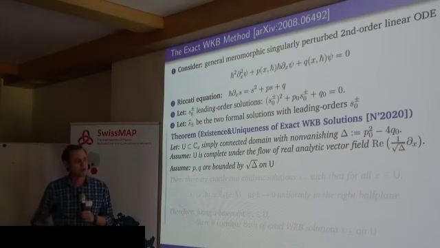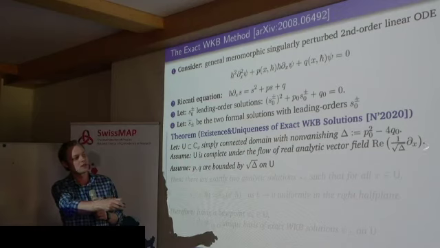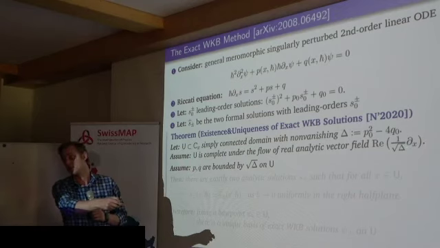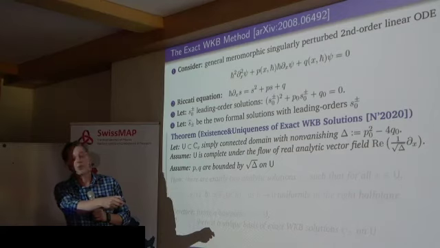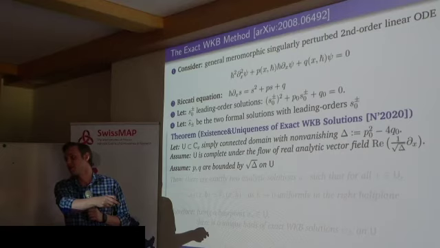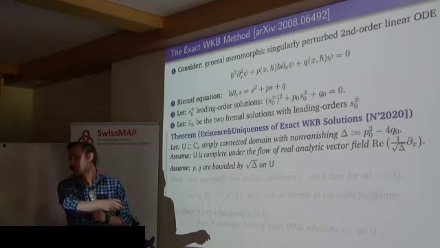Actually, from the point of view of differential geometry, this vector field is extremely natural, because if you look at the corresponding dual differential one-form, it's just square root delta dx, and that is basically the analog of the Liouville one-form on the cotangent bundle.